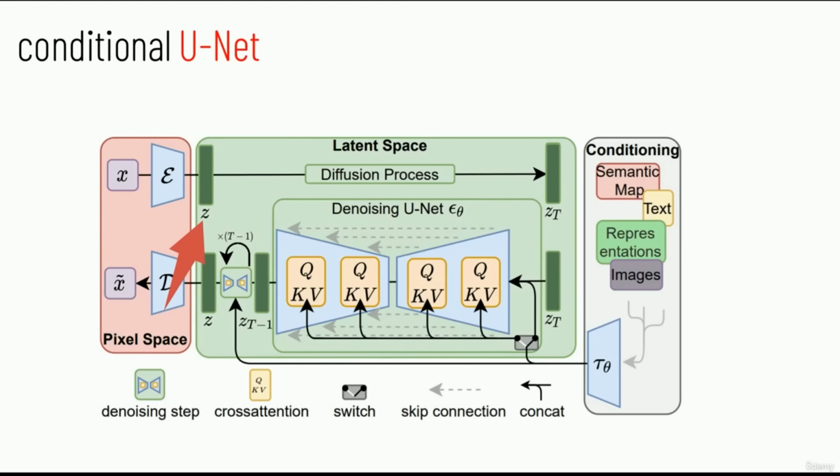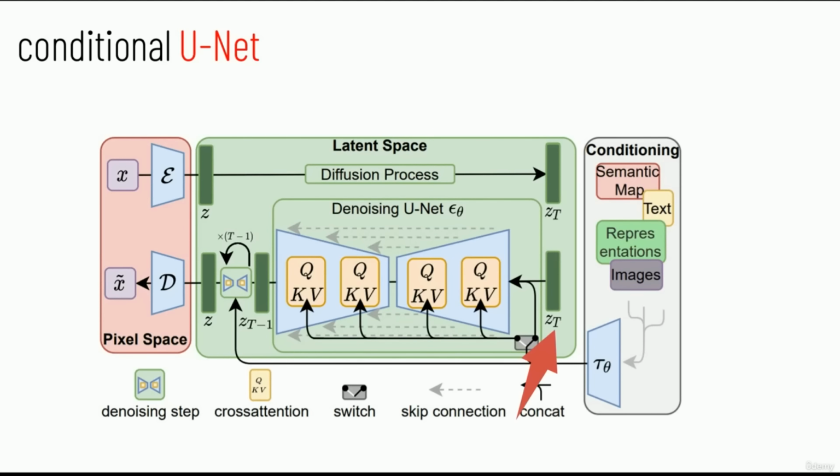We will do the forward diffusion and we will get Z capital T, or you can get Z at any time step that you want. In other words, we added noise to this new representation of the input image.